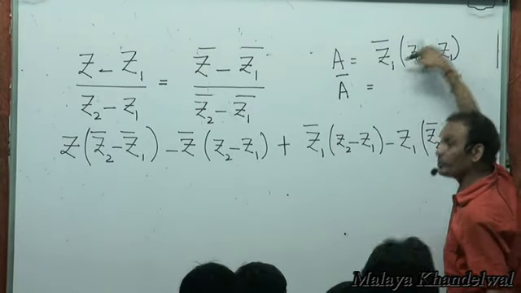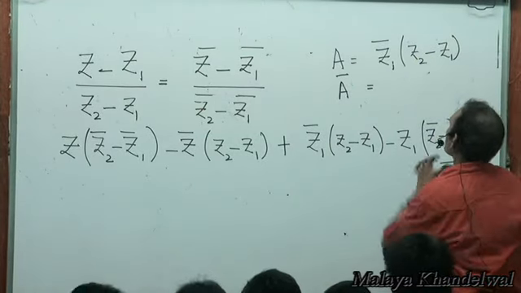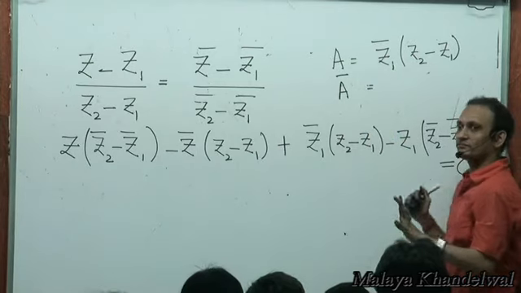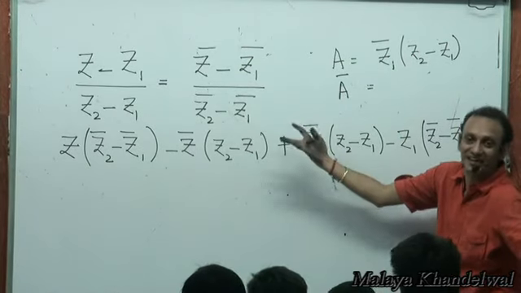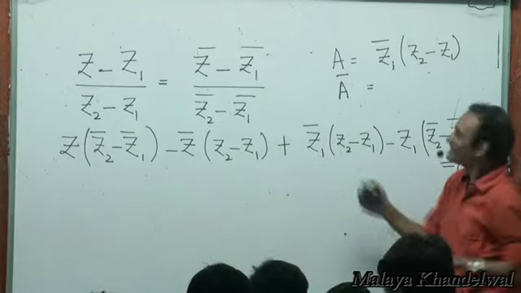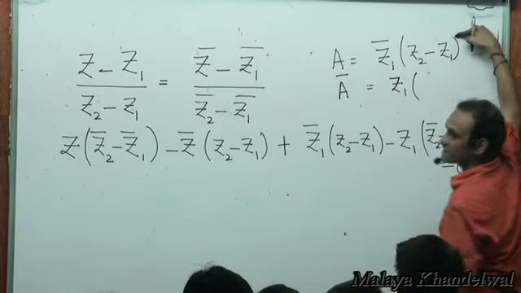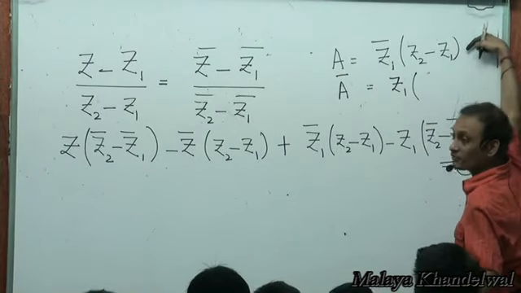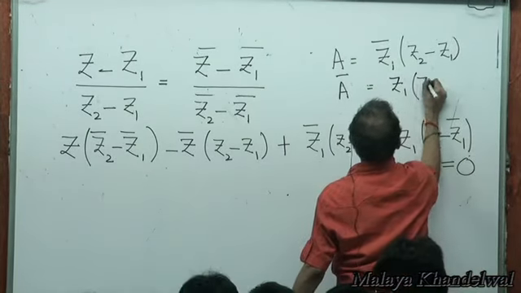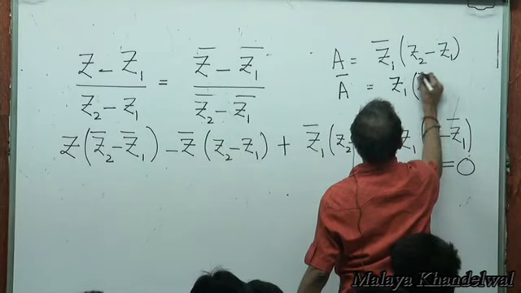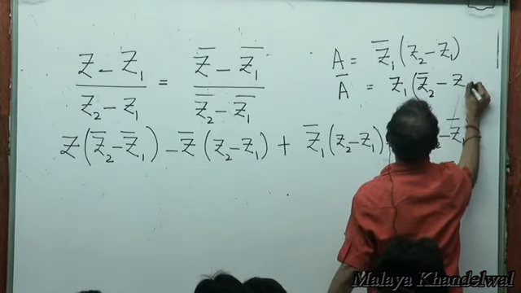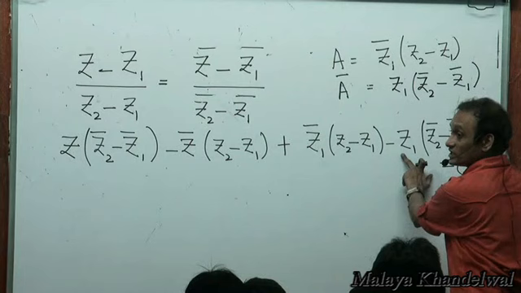Bar of the product would be product of the bars. So first I'll take z1 bar bar. If you take z1 bar bar, you'll get z1, isn't it? Right? z1, and bar of the difference would be difference of the bars. Yes or no?